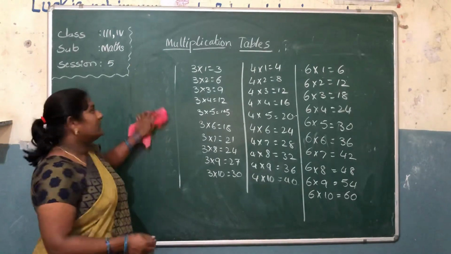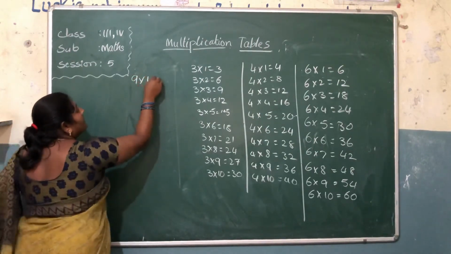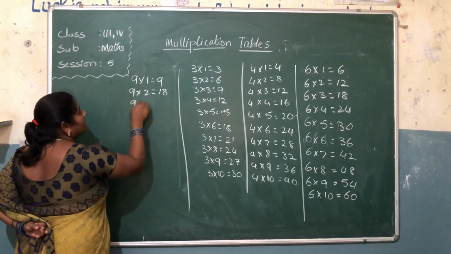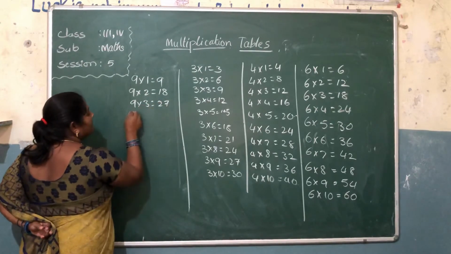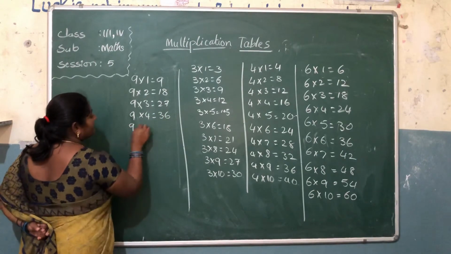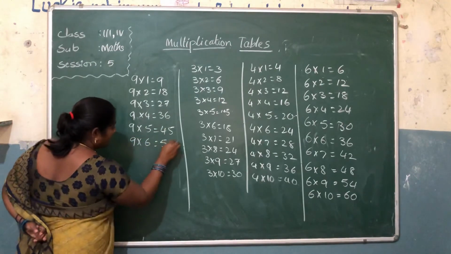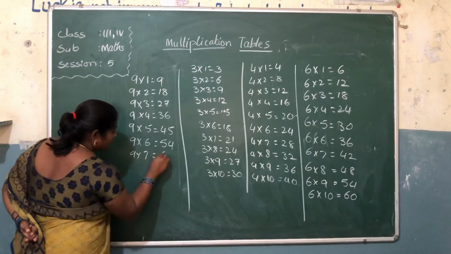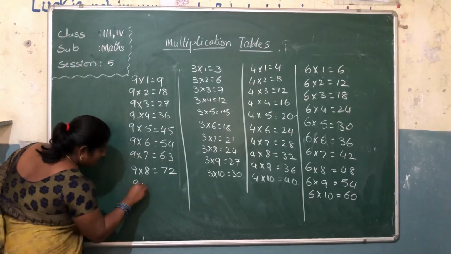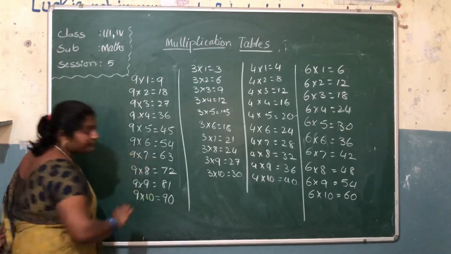Okay children? 9 ones are 9. 9 twos are 18. 9 threes are 27. 9 fours are 36. 9 fives are 45. 9 sixes are 54. 9 sevens are 63. 9 eights are 72. 9 nines are 81. 9 tens are 90.